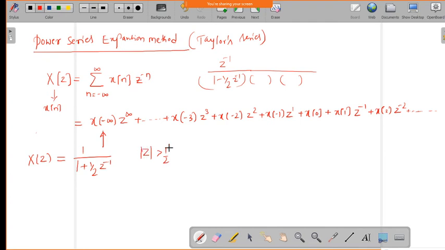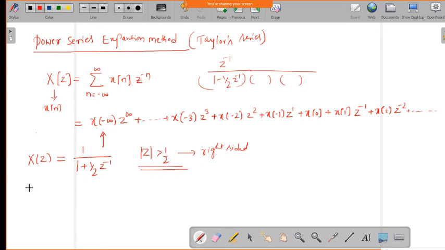Now find the time domain signal. First we have to see what the ROC is. Since the ROC is |z| greater than half, this will be a right sided sequence.